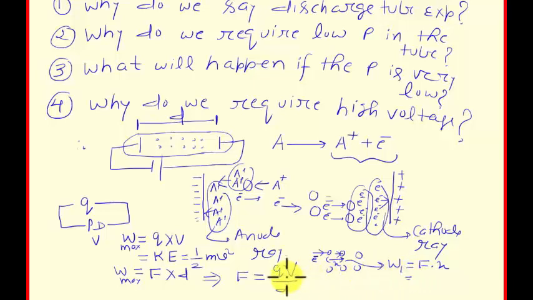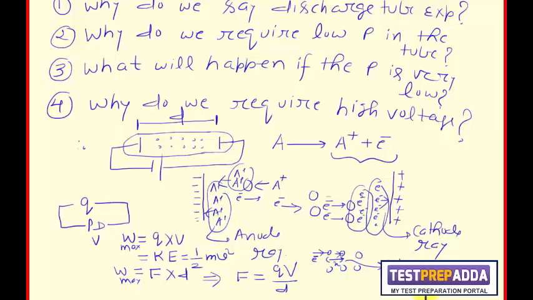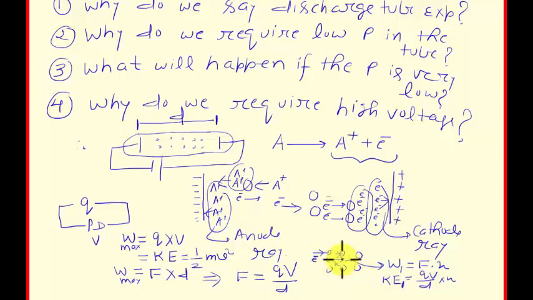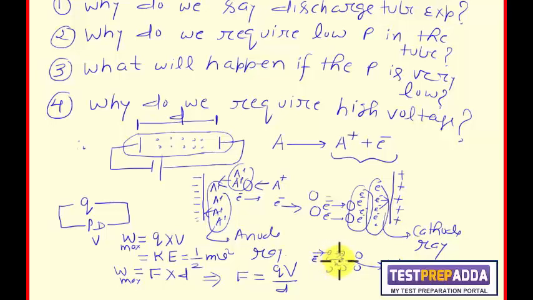And this F I can substitute from here, and that will be QV upon d into x. This work done is converted into kinetic energy. Now, the more the distance traveled between consecutive collisions, the more the gain in kinetic energy.